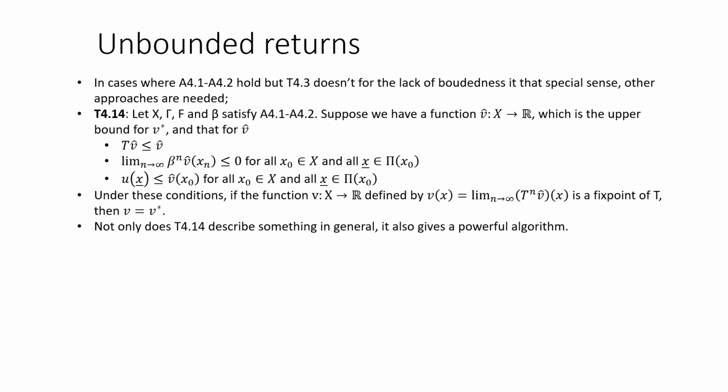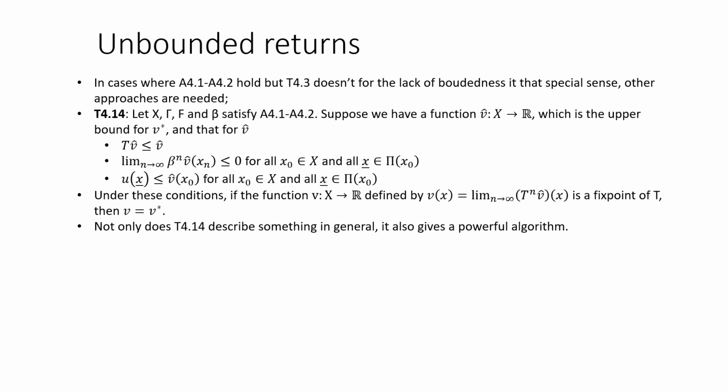The whole idea is very simple. We are supposed to find an upper bound for the supremum function, and if we start iterating from this upper bound, we can only go downwards. So we start iterating downwards, and at the end of iterating with the Bellman equation, we will find the solution to the functional equation.